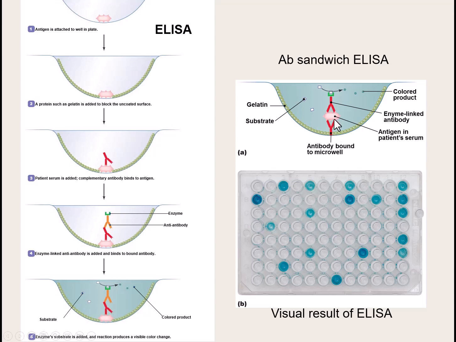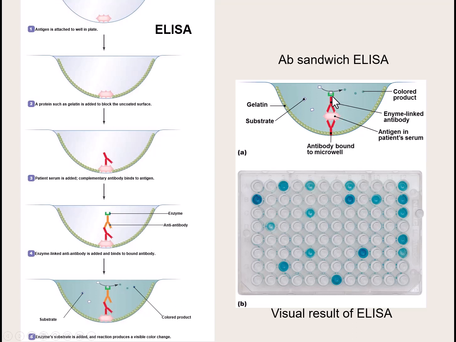If the patient has the chickenpox virus, it's going to stick to this antibody. If the patient doesn't have the chickenpox virus, nothing's going to stick here because they don't have anything that's specific for this antibody. Then we're going to add that enzyme linked antibody. Here's that little tag or label on the body of this antibody. It is specific for chickenpox, and we've labeled it with an enzyme.